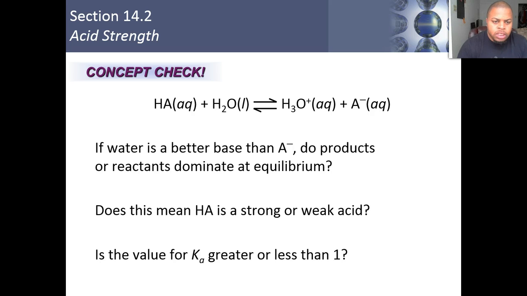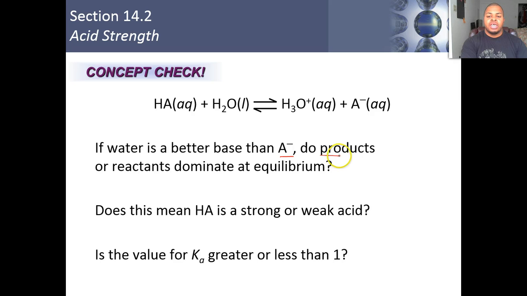Now, if we're looking at water, the reaction given to us, if water is a better base than the conjugate base here, does that mean that the products or the reactants are going to dominate the equilibrium? If water is a better base than this, what does that mean?